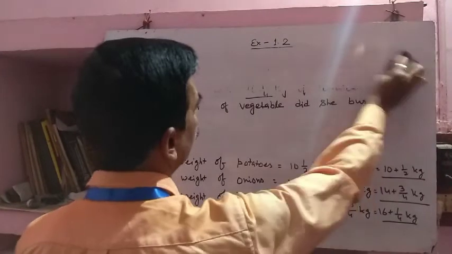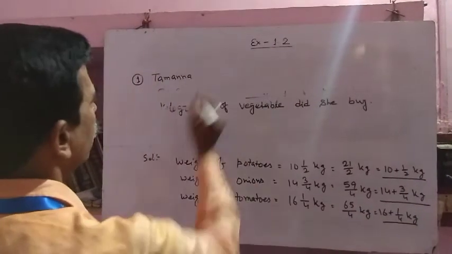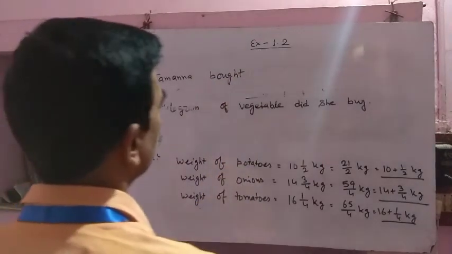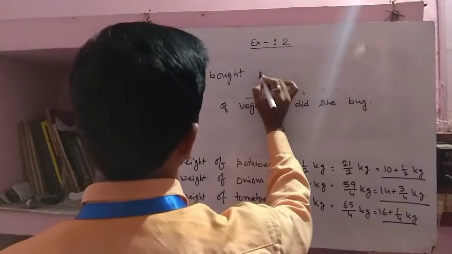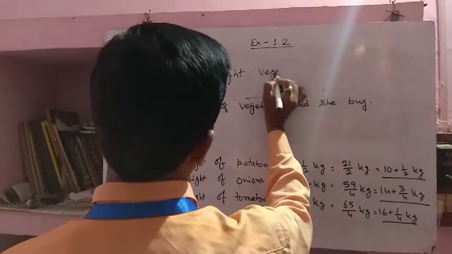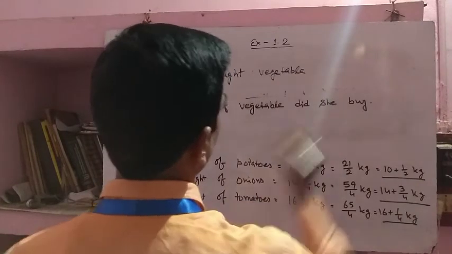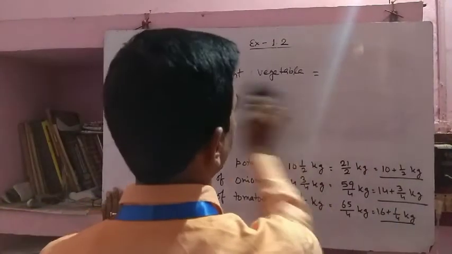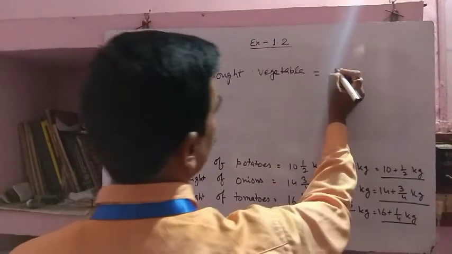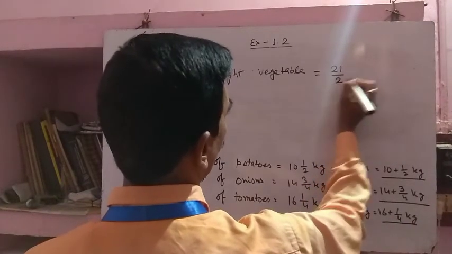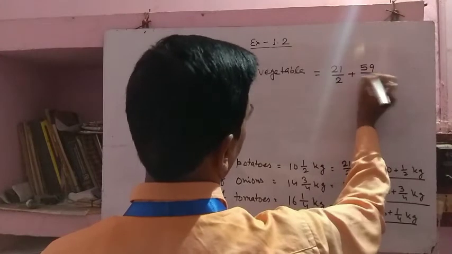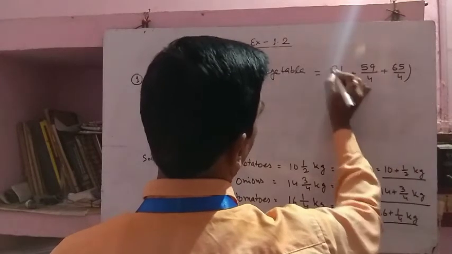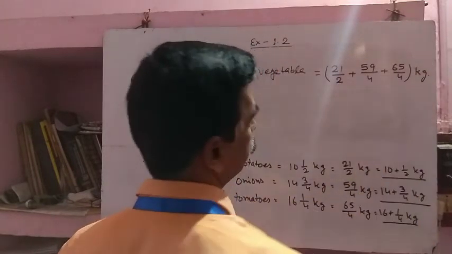So finally, we can write that one. After writing that much of a statement, Tamanna bought vegetable is equal to 21 by 2 plus 59 by 4 plus 65 by 4 kg.